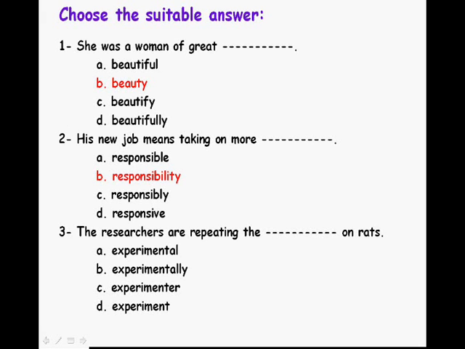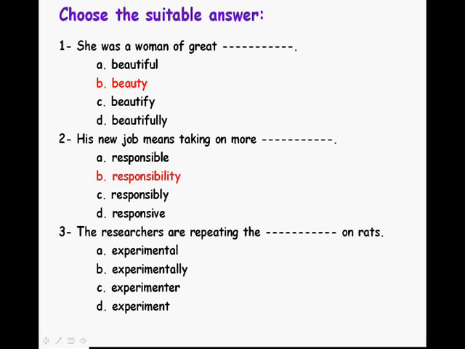Number 3. The researchers are repeating the on rats. So, A, experimental, B, experimentally, C, experimenta, and D, experiment. So, the researchers are repeating the on rats. The what?